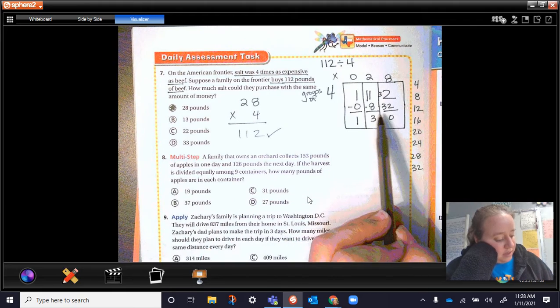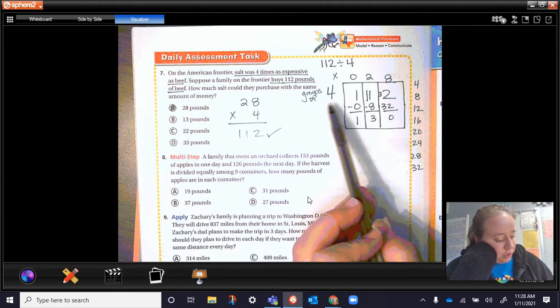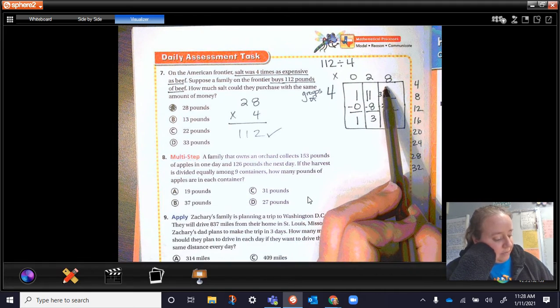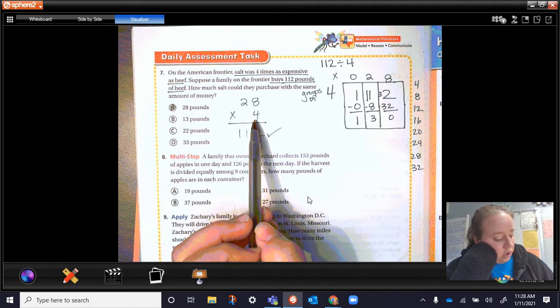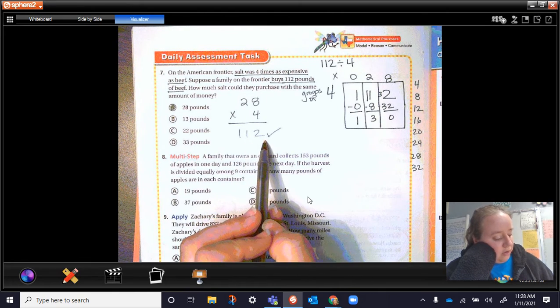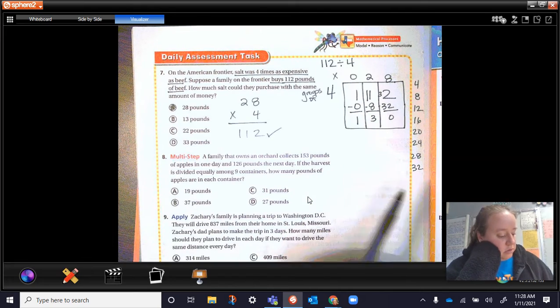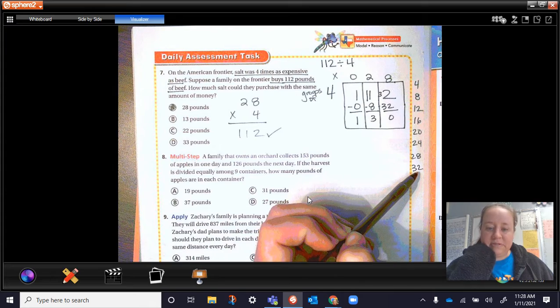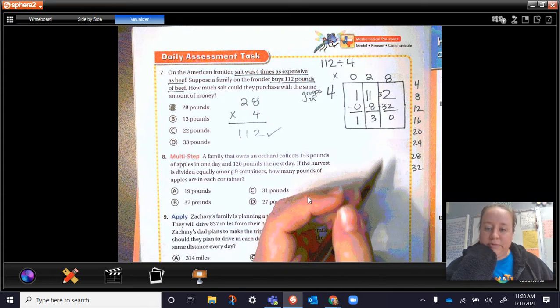So we went ahead and set up our box. We found out how many groups of 4 are in 112. We said that there were 28. And then we checked our work, and that multiplied out. And so if we get back to that 112, we know that we're correct. So we have our groups of 4 over here that helped us to be able to solve that.